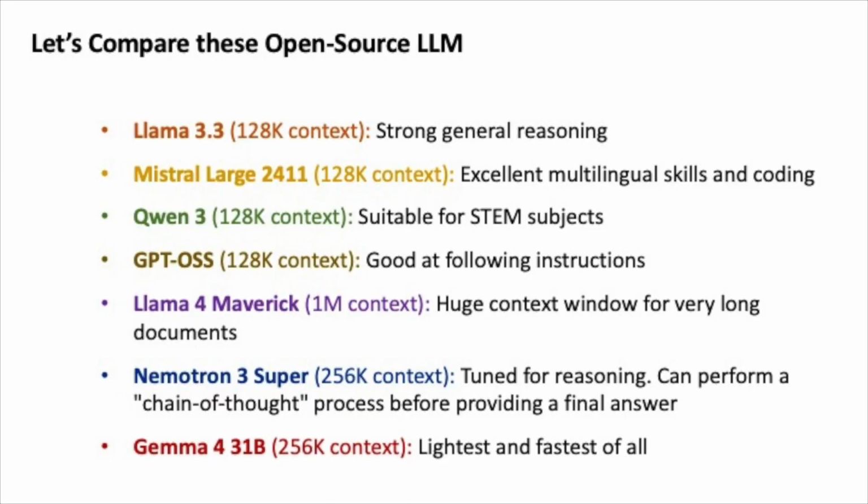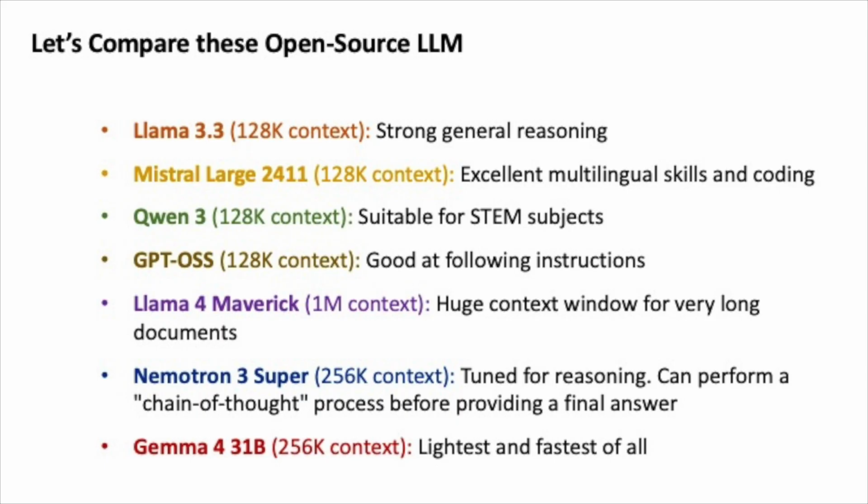Llama 3.3 is strong in general reasoning. Mistral Large has excellent multilingual skills, and it's especially good in coding. Mistral is backed by the French government, so if you have multilingual tasks, you might want to choose Mistral.